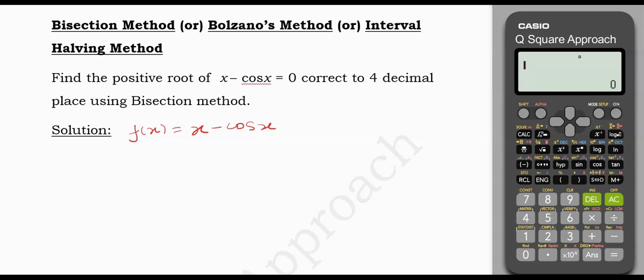Actually we want 4 decimal places, so again press shift button and then mode button, then select 6 and select 4 decimal places. Now we can see radian R and 4 decimal places on the screen.